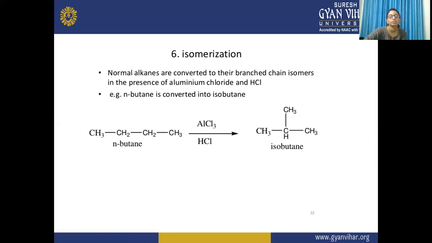So here 10 hydrogens are there. And in case of isobutane also 10 hydrogens are there. So N-butane and isobutane have the same molecular formula, but their molecular structure is different.